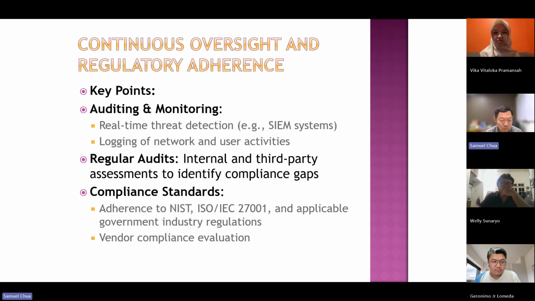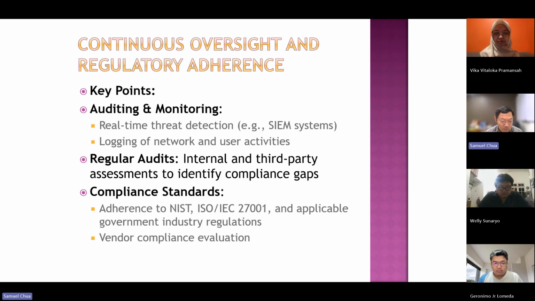Organizations must align with frameworks like NIST and ISO/IEC 27001, and industry-specific regulations such as HIPAA, PCI DSS, and GDPR. Such compliance is not limited to internal systems. It also extends to third-party vendors. We must ensure our partners and suppliers follow the same standards through vendor assessments and compliance reviews, because a breach in their system can be a breach in ours also.